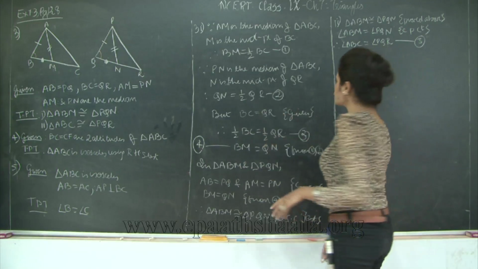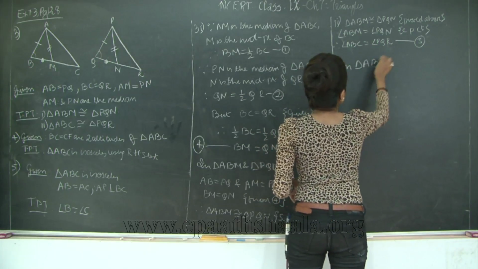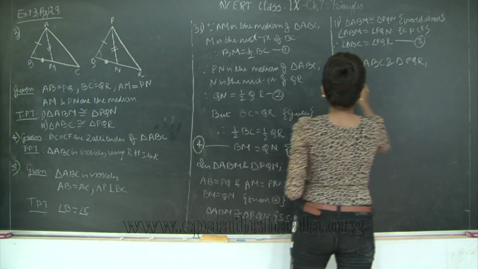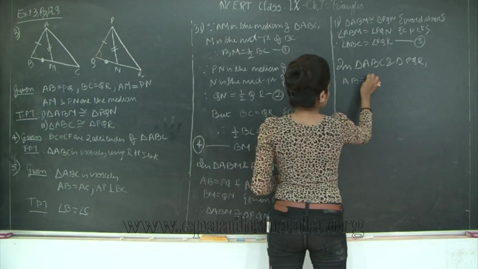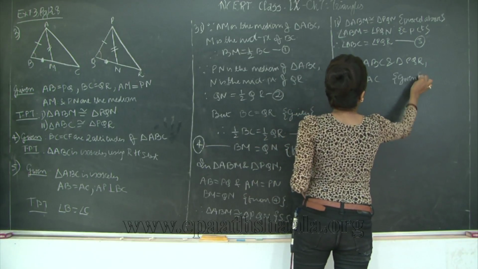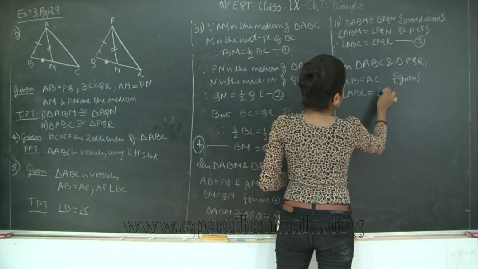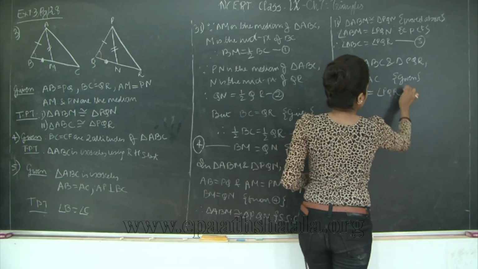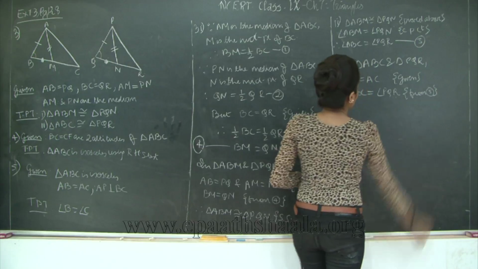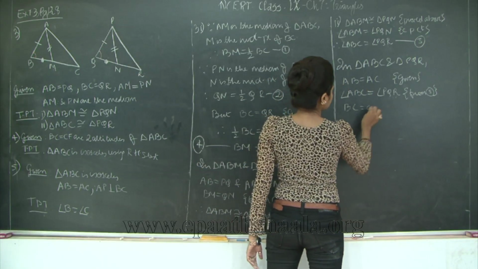So now let's take the two triangles. In triangle ABC and triangle PQR, AB is equal to PQ, given. Angle ABC is equal to angle PQR, I'll say from 5, and finally BC is equal to QR, which is given.